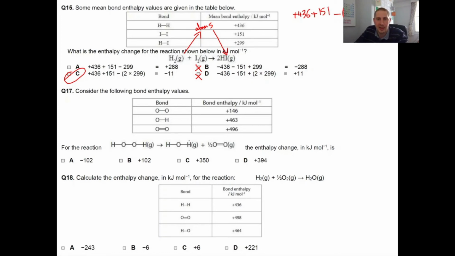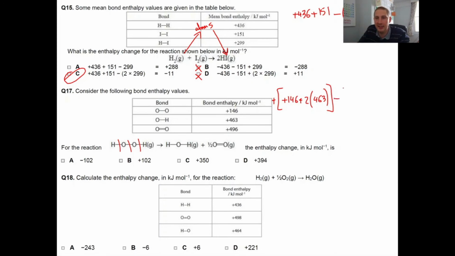Here, again, what we're doing, well, we're breaking two OH bonds and one OO bond. So therefore, this is the energy in. There's 146 and there's two lots of 463. And that's the energy in. That's all positive. And then we are putting together these atoms. So we're releasing energy. We're going in the opposite direction.